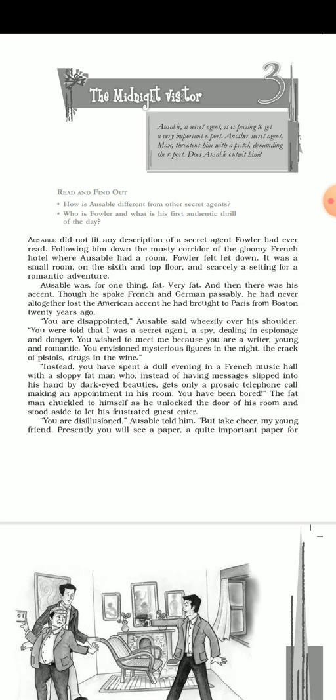Fowler's expectations of Ozable have been very high, but on seeing Ozable, Fowler finds that he was a fat man of short height and nothing thrilling about him, right?